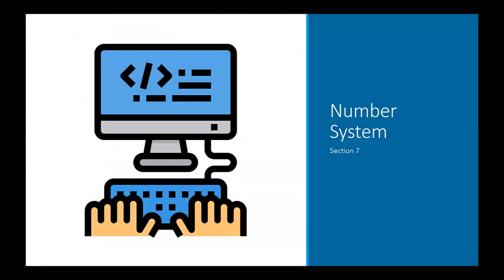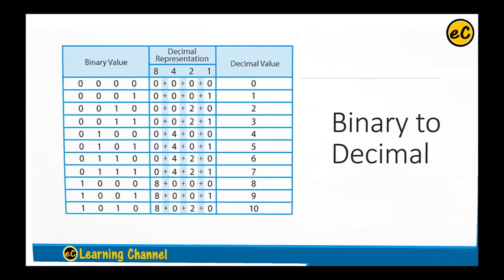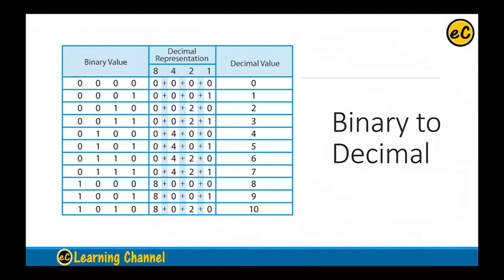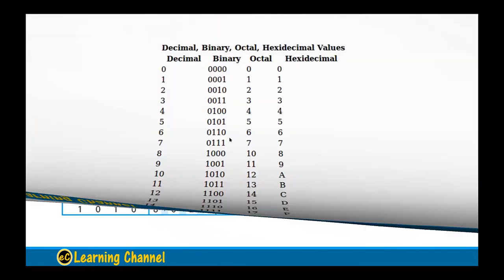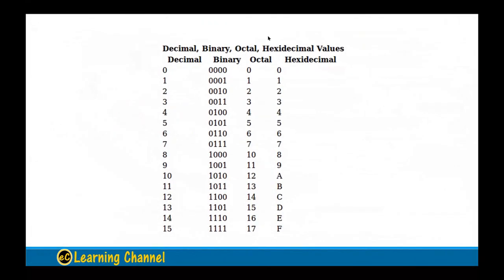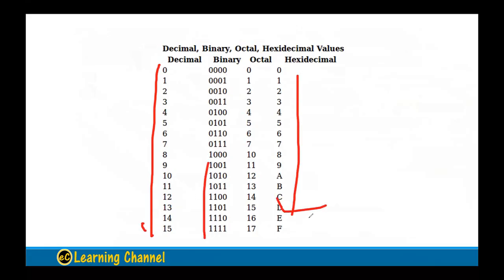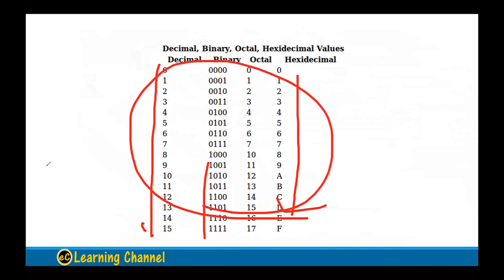But it's okay. Number systems: you need to know about binary to decimal and decimal to hexadecimal. These are the basic parts. You need to know this table well. At least remember 0 to 15, what the binary number is and what the hexadecimal number is. These are the minimum table you need to remember.